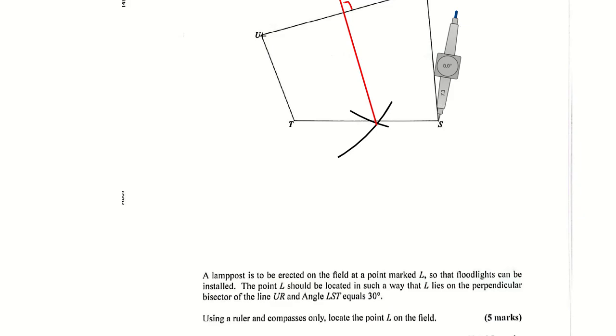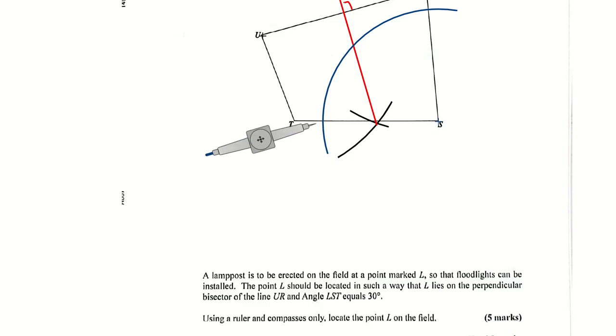Okay, so it's at S, and then we are going to draw a 30 degrees angle. The first thing you're going to do is draw an arc. Doesn't matter how big the arc is, just make sure it's more than ST. Alright? Then you're going to take the end of that where it intersected this line, and draw a next arc that intersects that first arc you drew. By doing this, that is a 60 degrees angle.